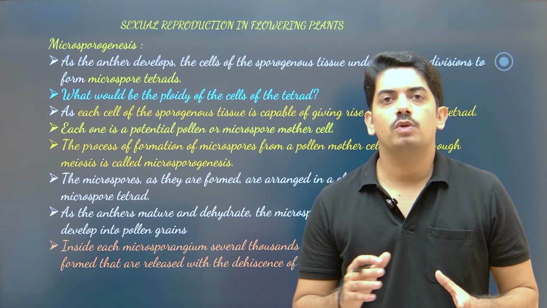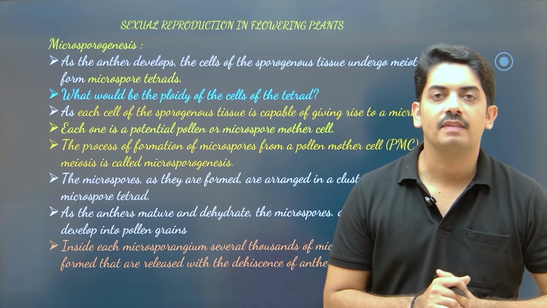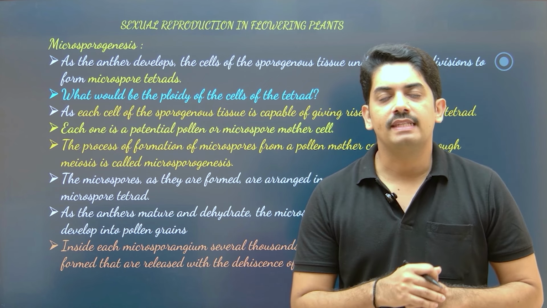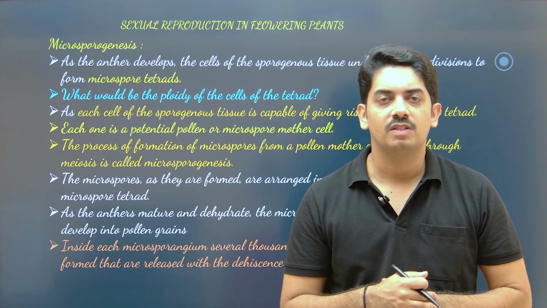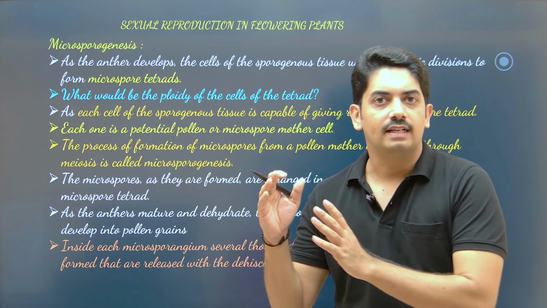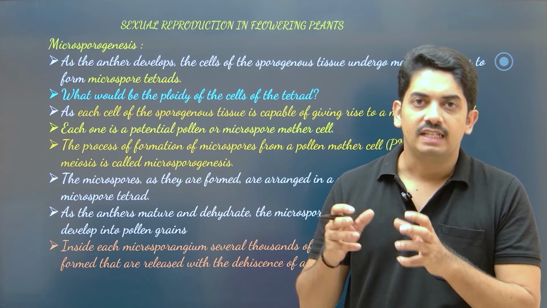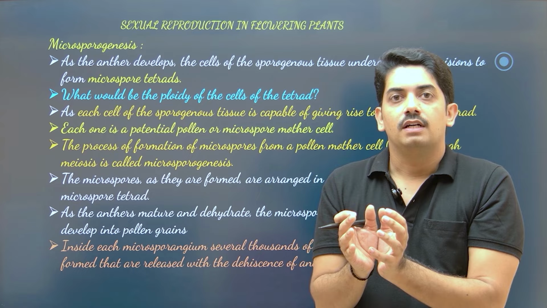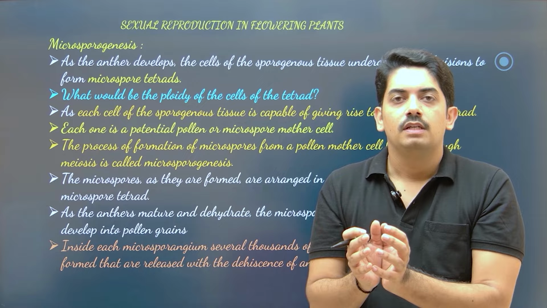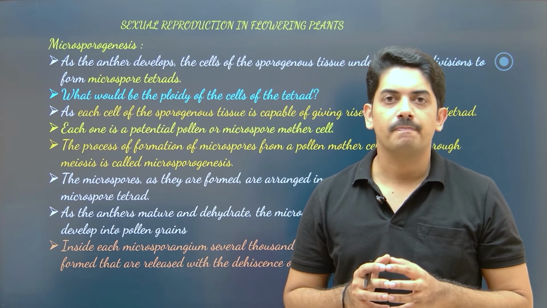Okay, let us move on to microsporogenesis. Microsporogenesis is a very interesting process. This all takes place inside the anther. We studied epidermis, endothecium, middle layer, tapetum, and after reaching the center of this microsporangium, there is a group of tissue and they are called sporogenous tissue.